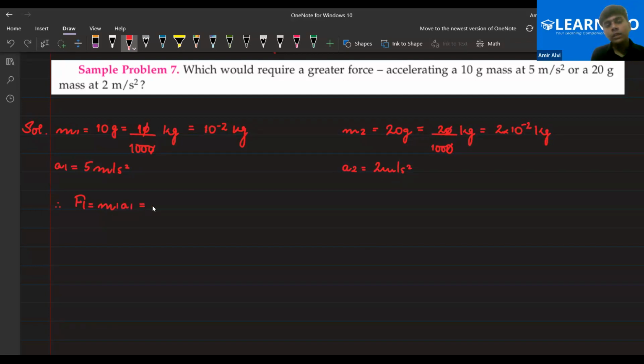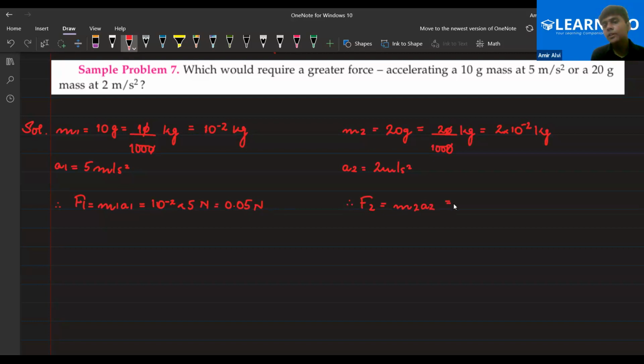Substitute the values over here. So that would be 10 to the power minus 2 into 5, in Newton. So it is 5 into 10 to the power minus 2, which is nothing but 0.05 Newton, right? Am I right, everyone? Yes or no? Similarly, here F2 would be m2a2.